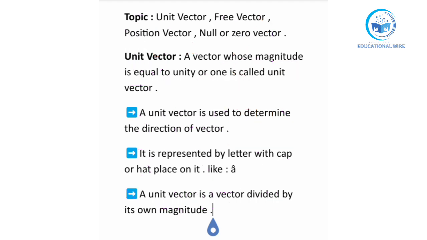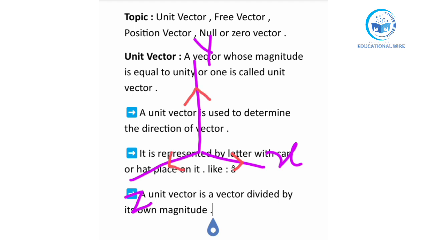In the next point, it's just a diagram form. Like in space, we are having 3 dimensions: x-axis, y-axis and z-axis. This is x, this is y and this is z. The x-axis has the unit vector i, the y-axis has the unit vector j, and k is the unit vector of z.